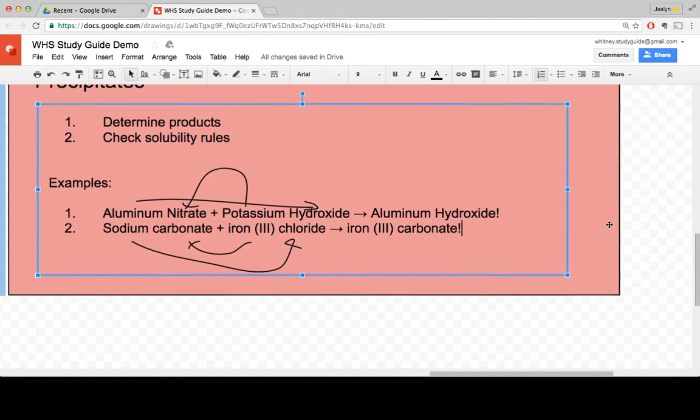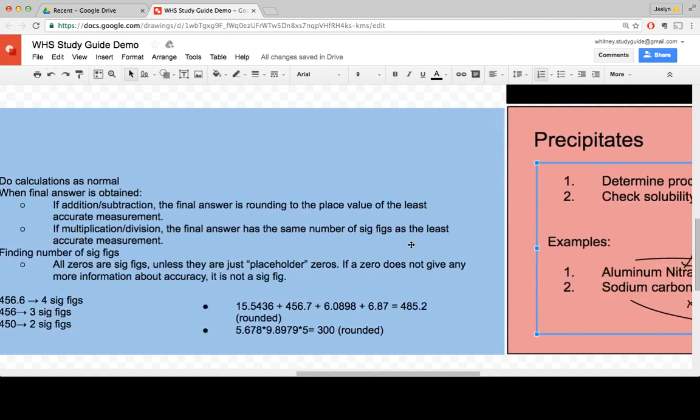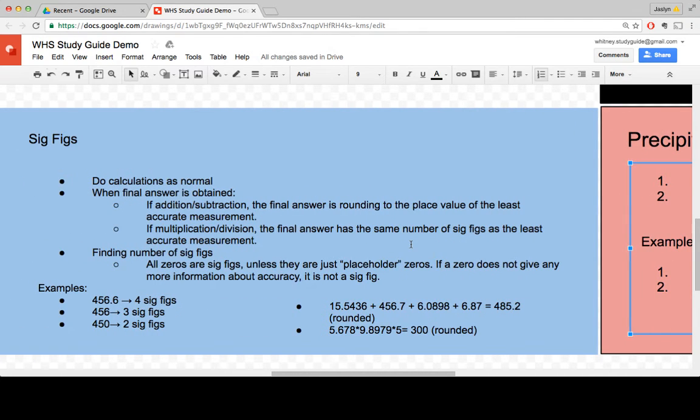And that's great. So, last but certainly not least, it's sig figs, you know, all of our favorite. So, the important thing is to remember that you do your calculations as normal, and the whole sig fig concept is only coming into play when you have your final answer and you just need to round it.